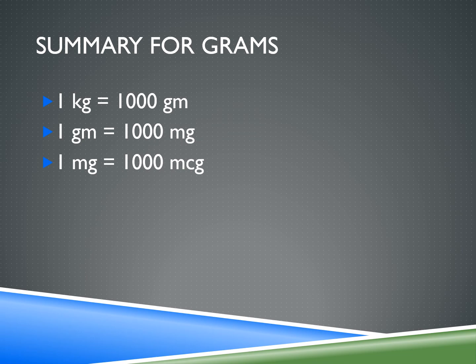So here is your summary, and I like to start at the bottom and go to the top. If you have 1,000 micrograms, that's going to equal a milligram. If you have 1,000 milligrams, that's going to equal a gram. If you have 1,000 grams, that's going to equal a kilogram. If you like doing it the other way and saying 1 kilogram's 1,000 grams, 1 gram's 1,000 milligrams, 1 milligram's 1,000 micrograms, I don't care.